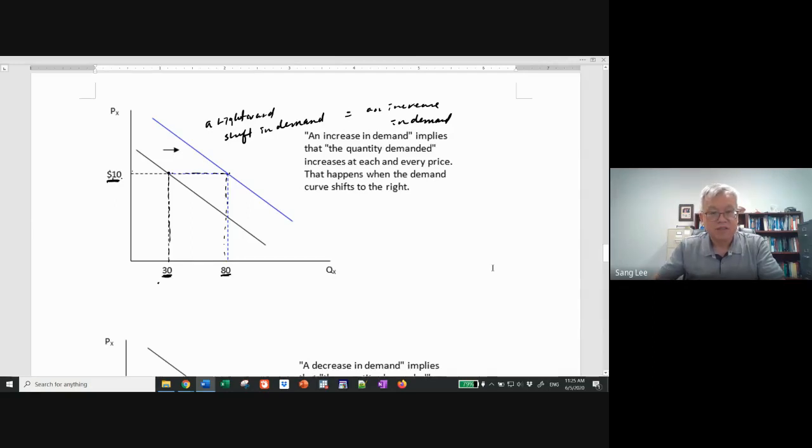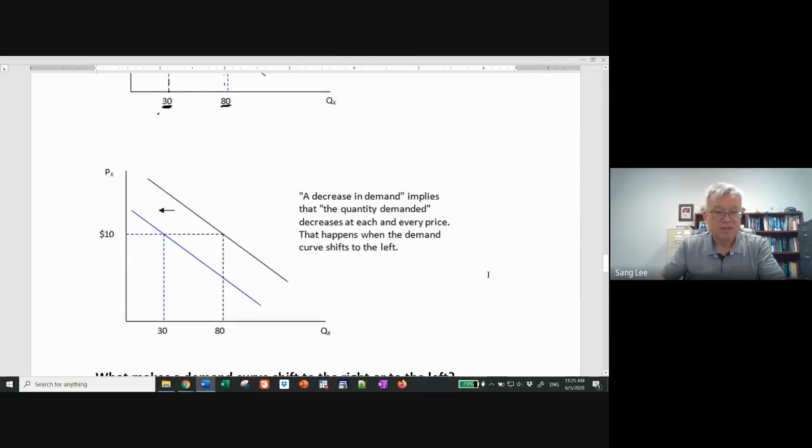Now, look at this graph. Initially the price is 10, and previously quantity demanded at this price was 80 units. Something happened, and all of a sudden, even at the same price, now people buy a lot less than before.